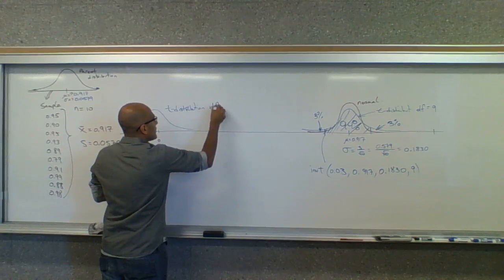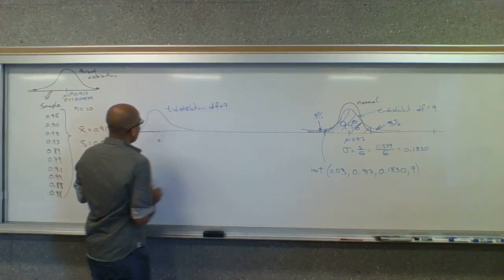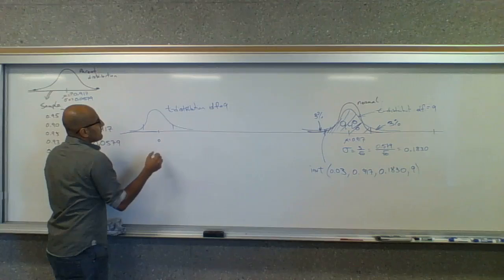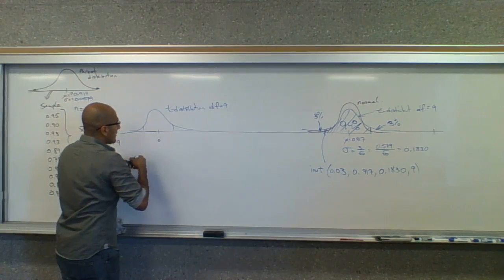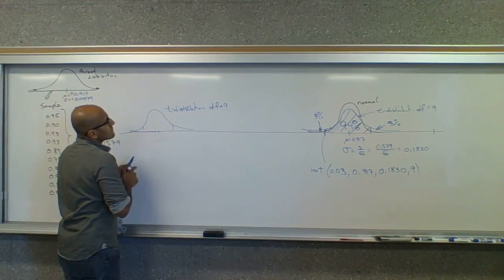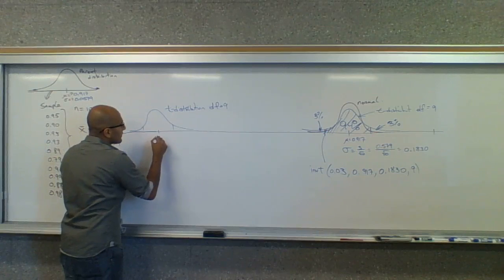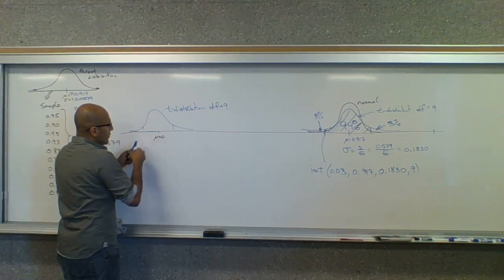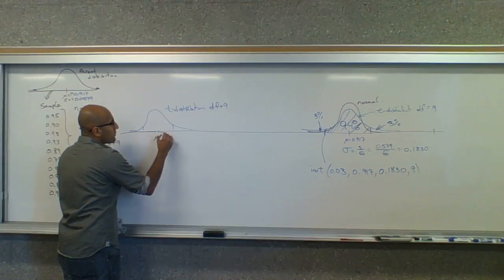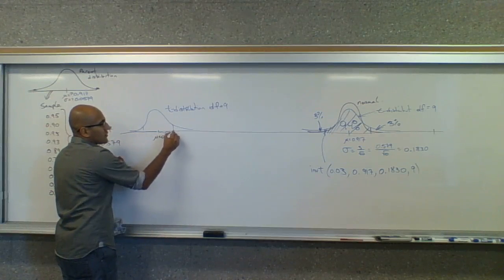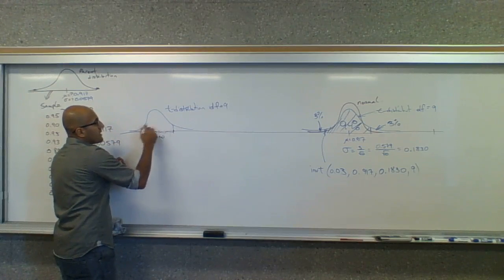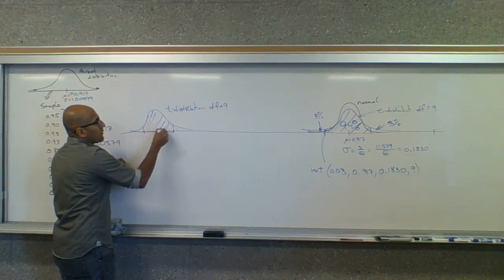Okay, and so now here we figure out how many multiples of the standard deviation you have to go away from the mean in order to trap the middle 94%. That's what that t sub alpha value is.